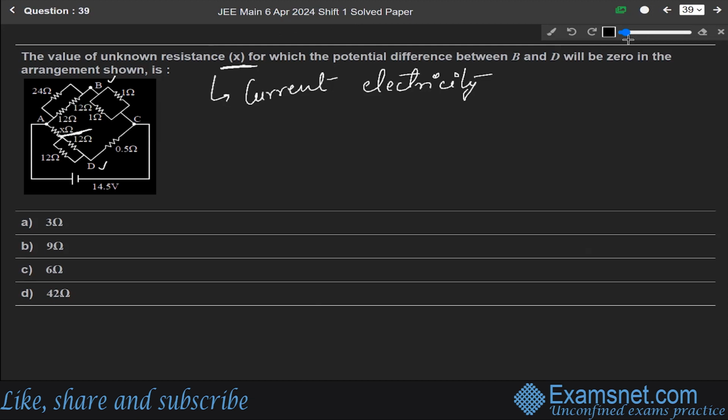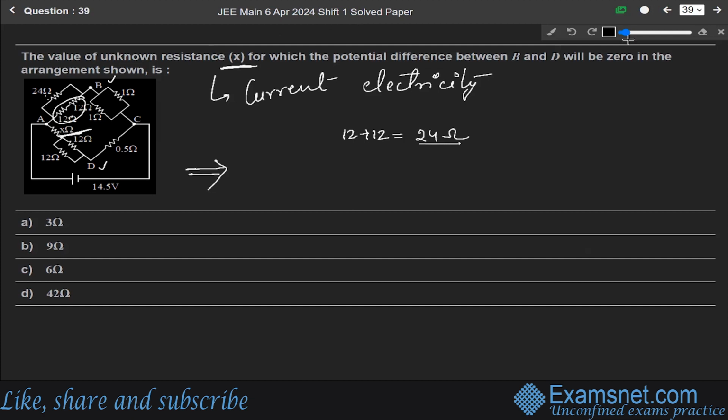We can redraw this circuit diagram. This is 24 ohm. This is 12 ohm, 12 ohm. These two 12 ohm resistances are in series, so they form a series combination, 12 plus 12, which is 24 ohm. This 24 ohm and the other 24 ohm are both in parallel.